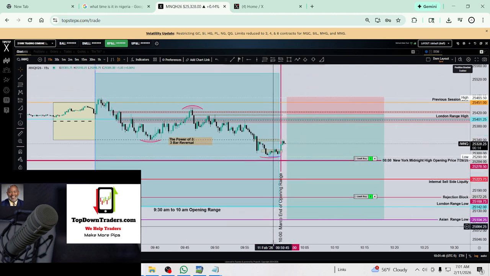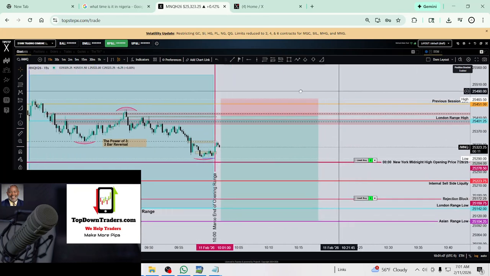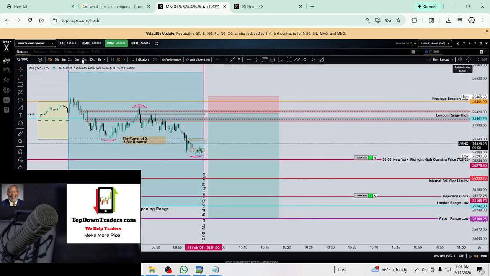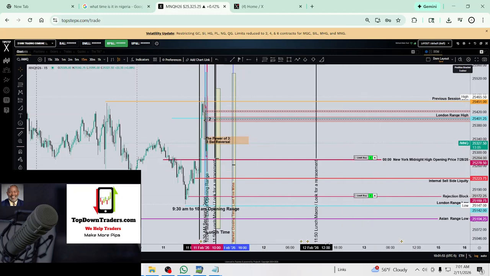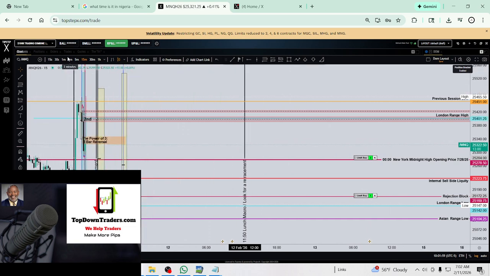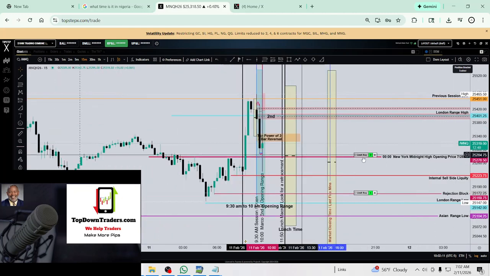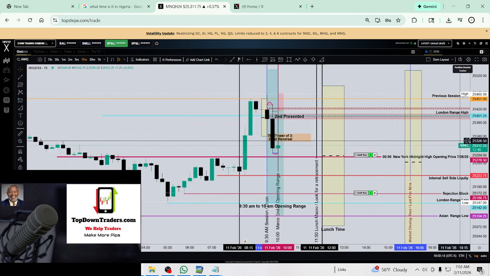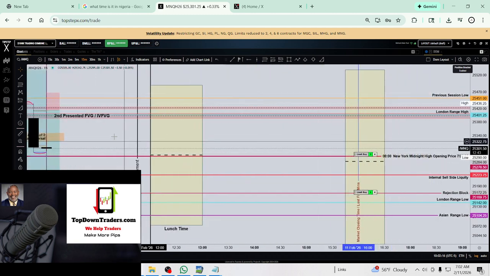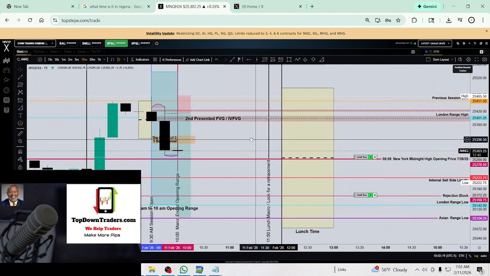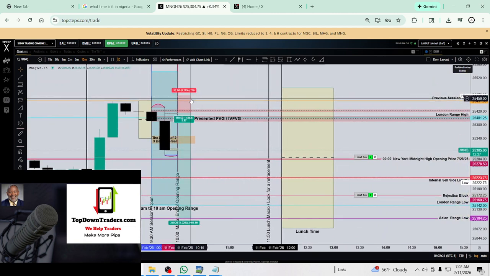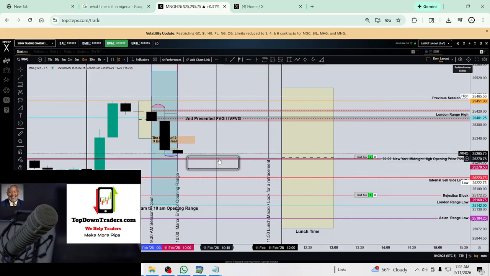Okay, so what I'm going to be looking for from 10 a.m. to noon. Let me go to a 15-minute chart. From 10 a.m. I don't have it marked out here, so I should mark it out. I'm going to get rid of this. Remove that.